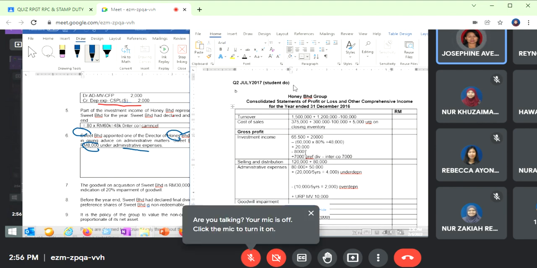They put it under investment income, but actually that is not the correct one. The reason is because the question has an error.